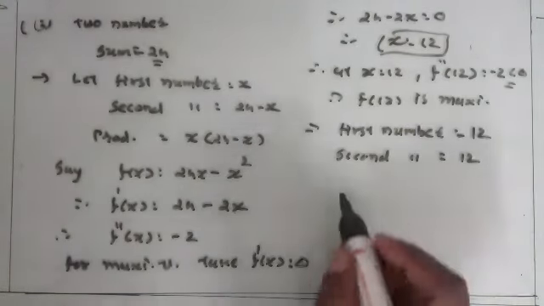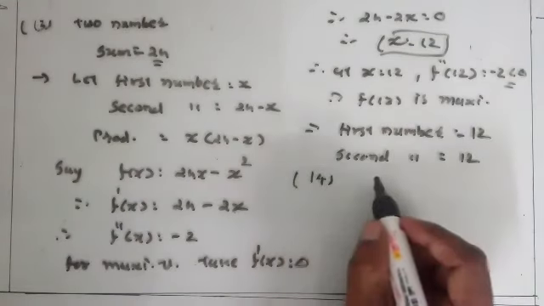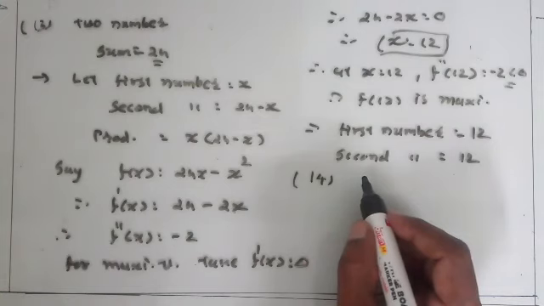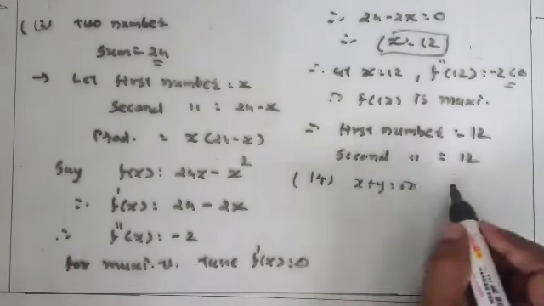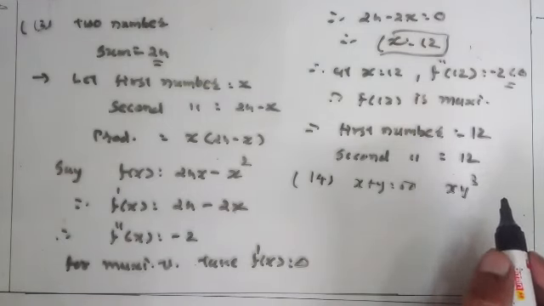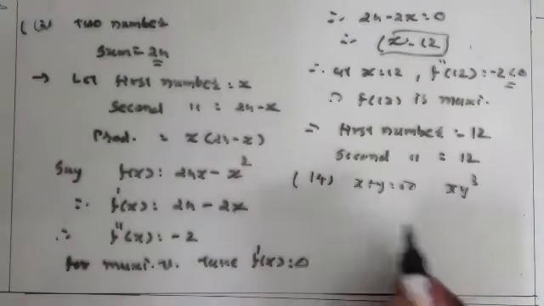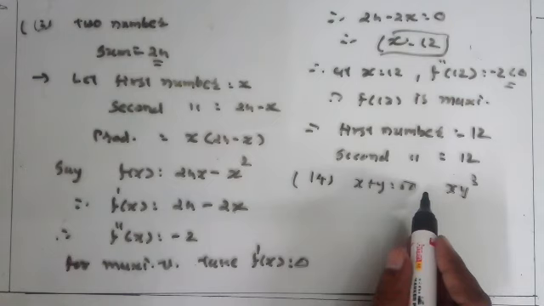Similarly, question number 14. Find the two positive numbers x and y such that x plus y is equal to 60 and x into y raised to 3 is a maximum. Same question. Here y is equal to 60 minus x. Take this side.